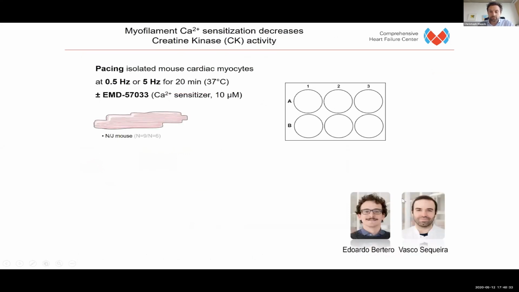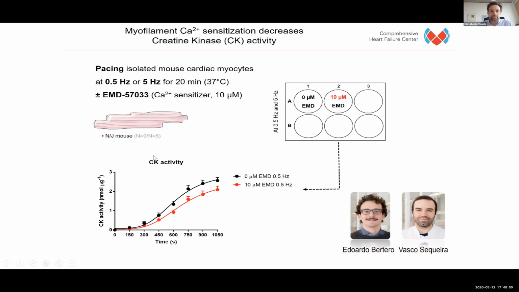So he teamed up with Eduardo Bertero in my lab, and they were trying to reproduce these conditions in the dish by pacing isolated cardiac myocytes under similar conditions as we have been doing before, using the calcium sensitizer EMD. And after that, they harvested these cells and measured the creatine kinase activity.